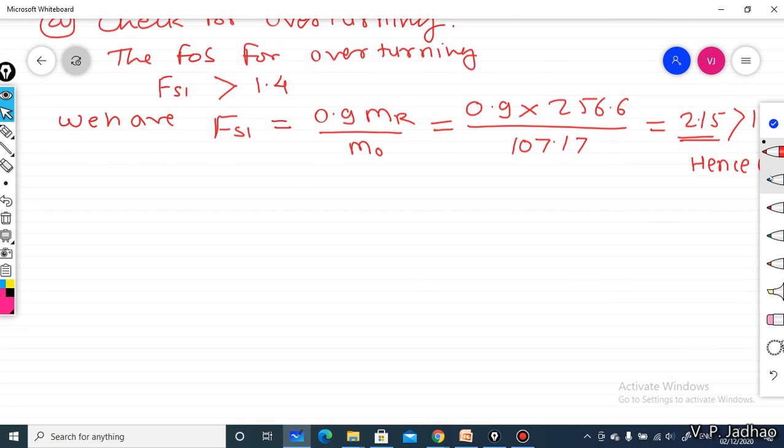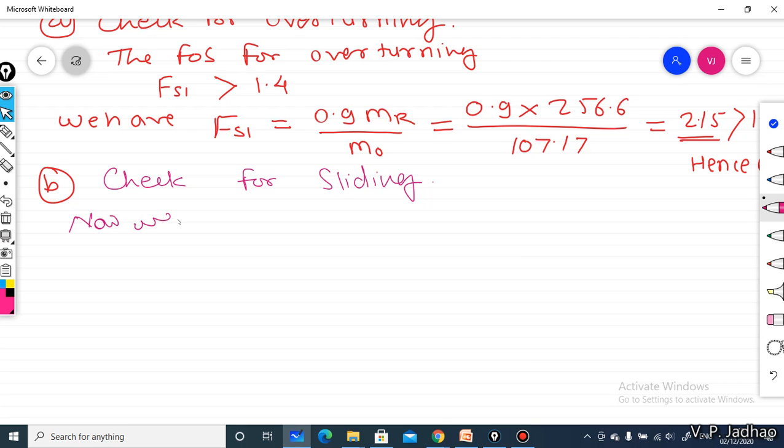Now we will do the check for sliding. Check for sliding. Now we have the factor of safety for sliding, denoted by FS2.